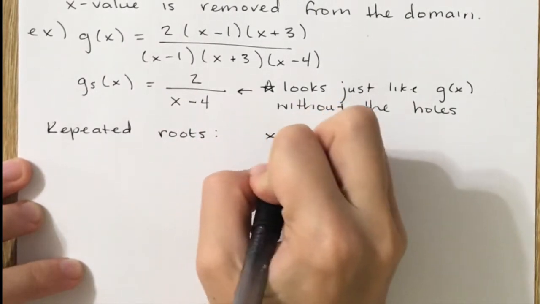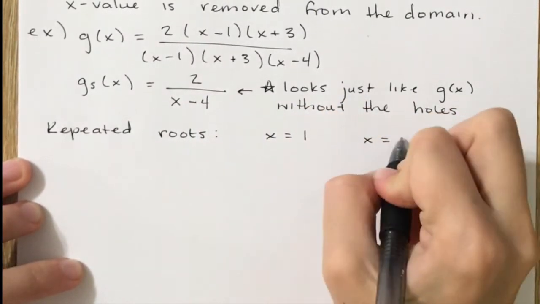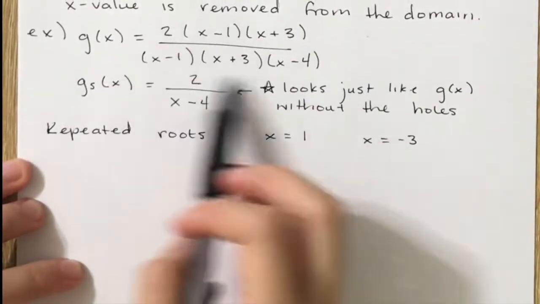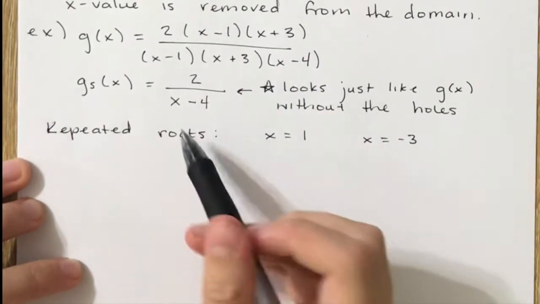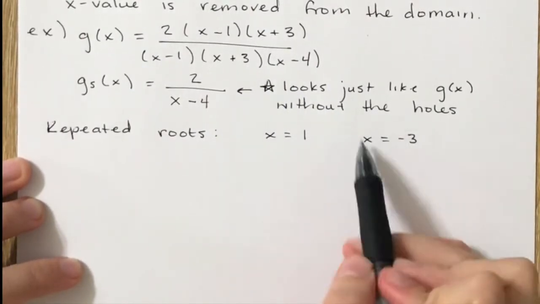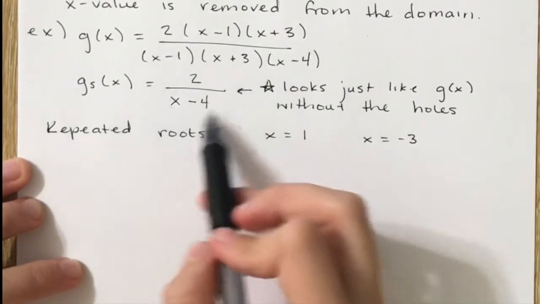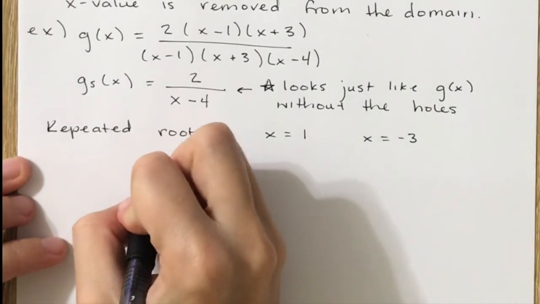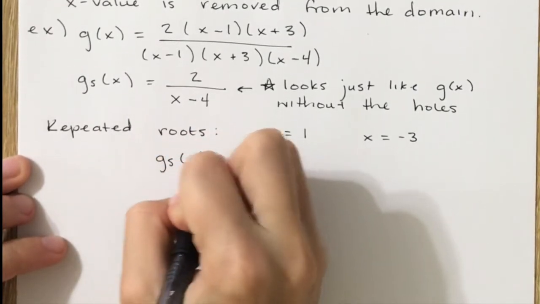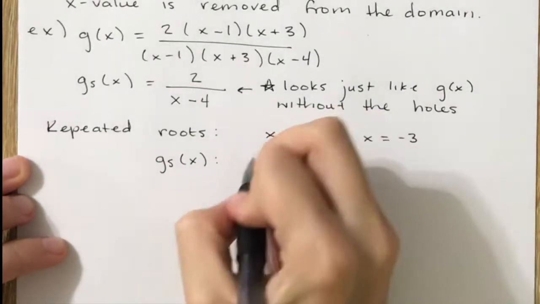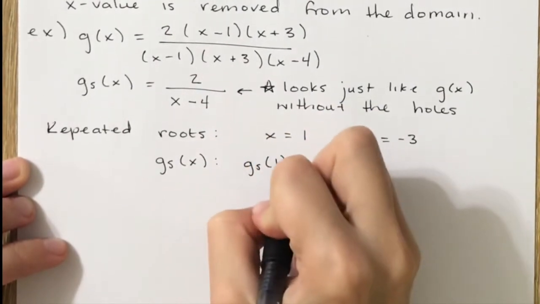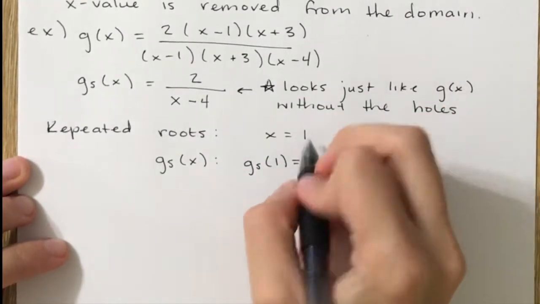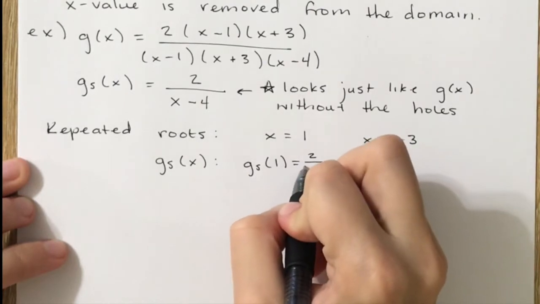We had x equals 1 and x equals -3. If we know that this function looks just like this graph without the holes, then we can find the y values of where these are going to occur by plugging into this. So what is g sub s of x at these x values? So g sub s of 1 gives me 2 over 1 minus 4. So that's 2 over -3.